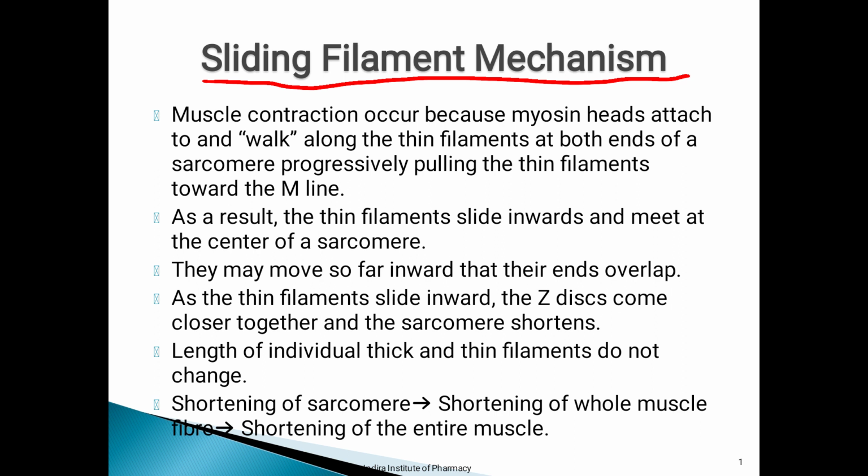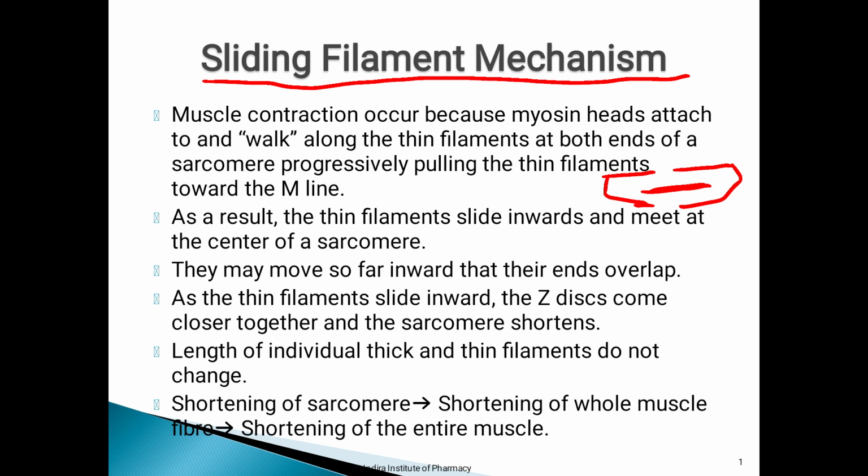So now you all know there is a Z disc. So we have this actin filament. So consider this is one sarcomere region. Then in between we have myosin, that are thick filament.